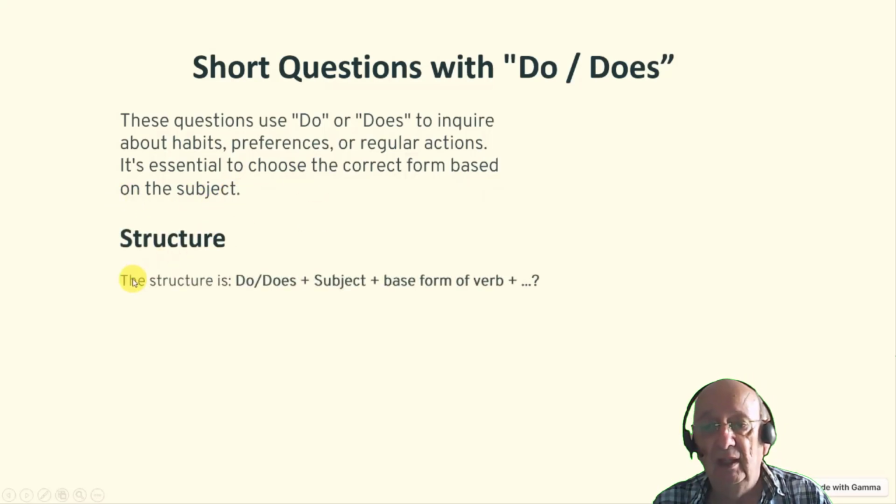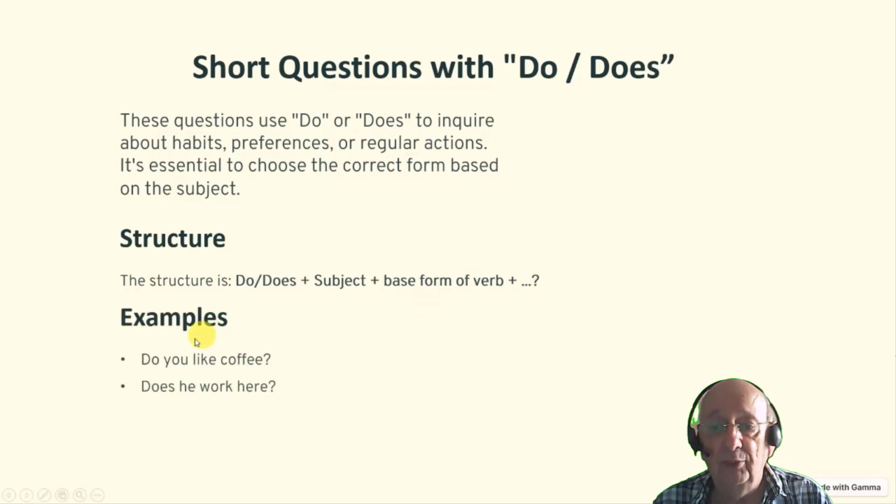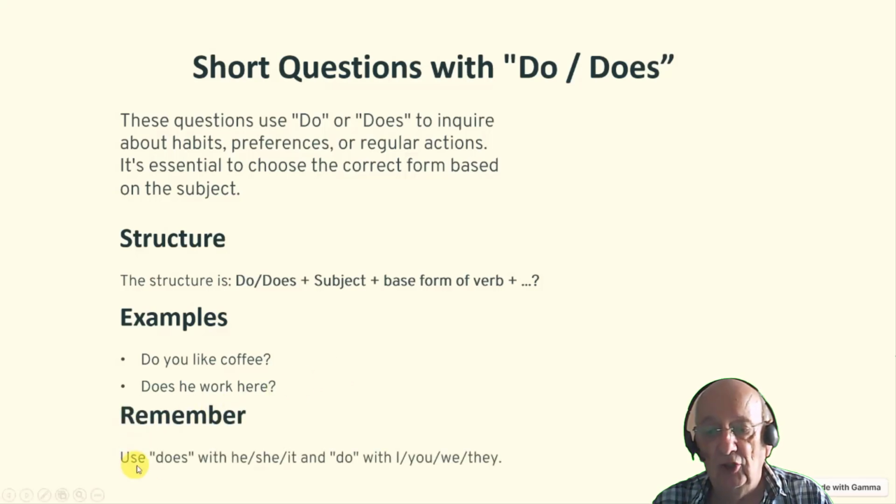The structure is do or does plus the subject plus the base form of the verb and of course your short question. Examples: do you like coffee? Does he work here? Right? Those are some very good examples. And just to remember, use does with he, she, it, and do with I, you, we, and they.